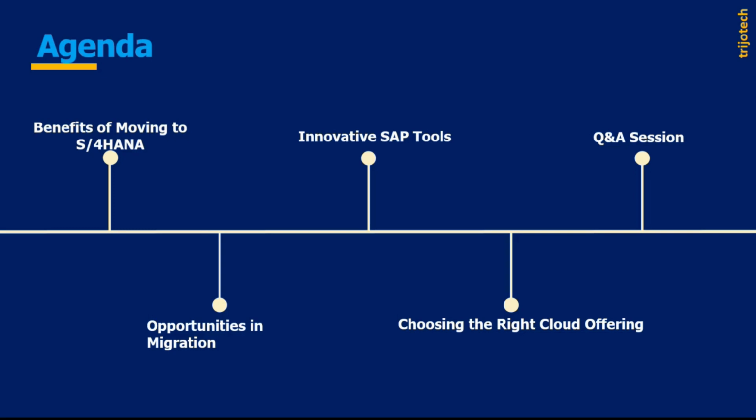And then, what are the new age tools like Signavio, EML, SAP BTP, and the number of services that we can have in SAP BTP? And then finally, a small introduction to the cloud offerings of SAP in terms of private and public cloud, basically Grow with SAP. Yes, so let's go ahead.